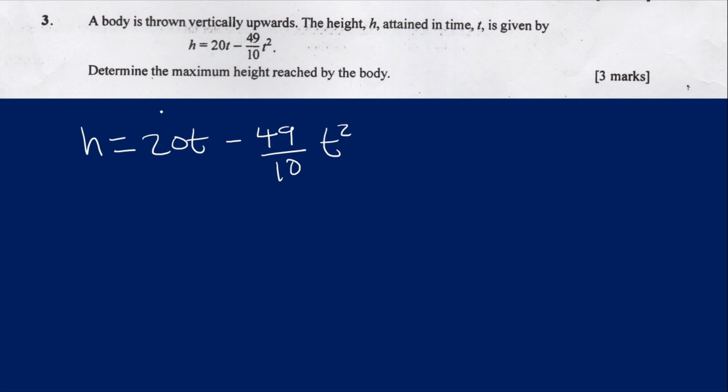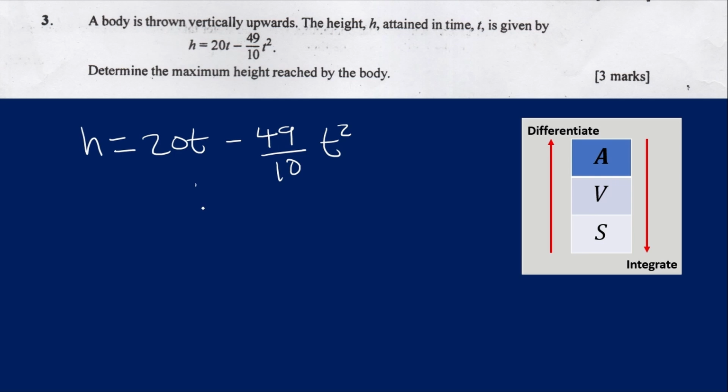Now when a body is thrown vertically upwards, it travels to the maximum height and stops before coming down. So at the maximum height, the final velocity v is equal to 0. So we need the formula for velocity before we can solve this question.